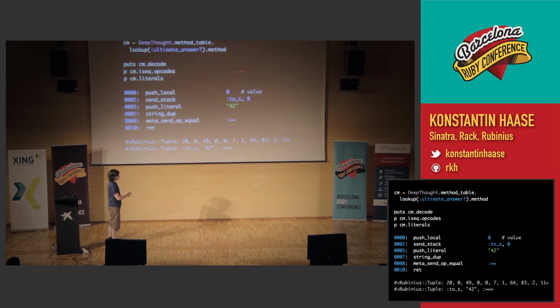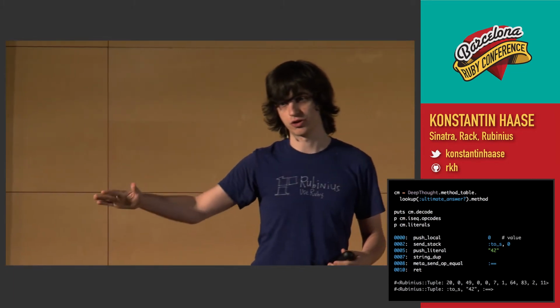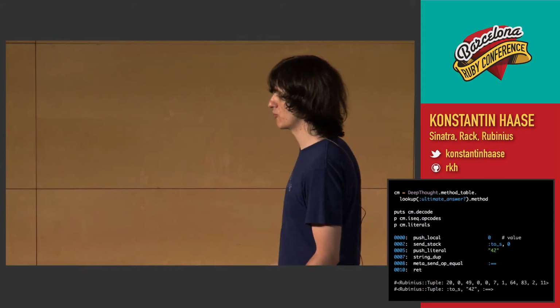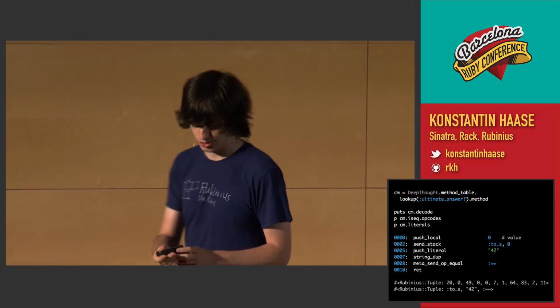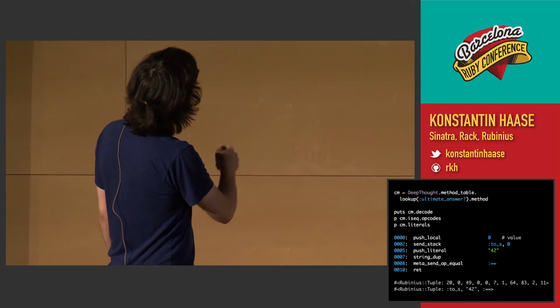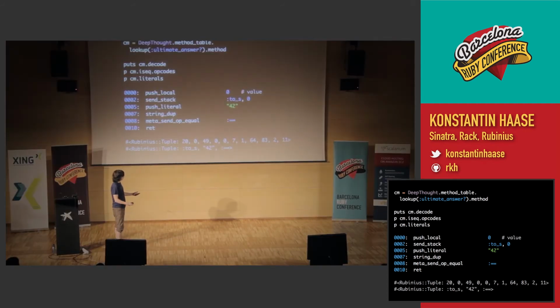It's basically what we already saw in Brian's slides. You can also ask it for the opcodes, which correspond directly to the bytes you would have if you wrote out the compiled file or looked at the memory. Those will be the bytes stored there, like 20, 0, etc. And then you can also ask it for its literals, which are ultimate answer, 42, and equals.